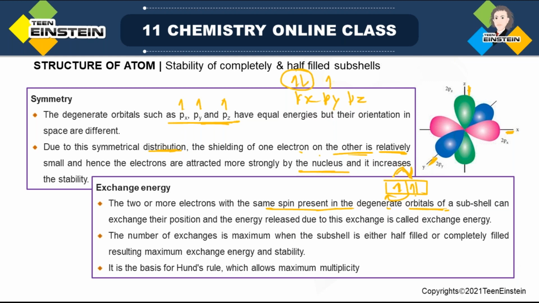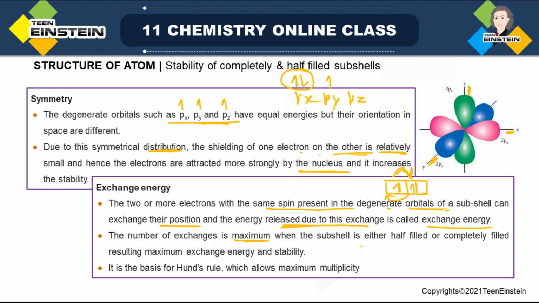Two or more electrons with the same spin in the degenerate orbitals of a subshell can exchange their position; their spin quantum number is the same, only the ml value is different, but there is no problem. When this type of exchange goes on, there is release of energy, known as exchange energy. The higher the number of exchanges, the more the exchange energy.